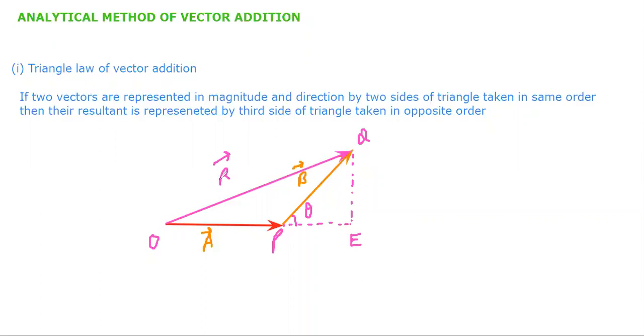Now, if you see the right triangle OQE and use Pythagoras theorem, we get OQ square, that is the hypotenuse, is equal to QE square plus OE square.